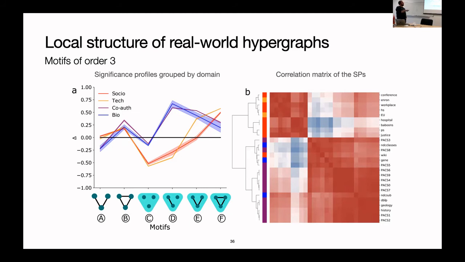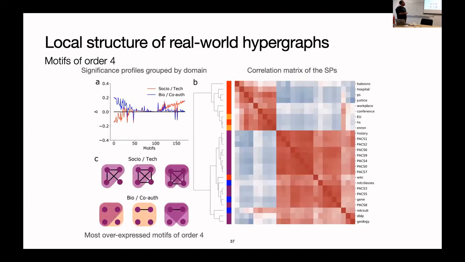So from the correlation matrices, we see that clusters emerge, like in the work from Neil and colleagues, and of course the clusters represent the social and technological data and the co-authorship and biological data. Then we investigated motifs of order 4. In this case, showing the significance profiles was much harder because we have many more motifs, like 171.